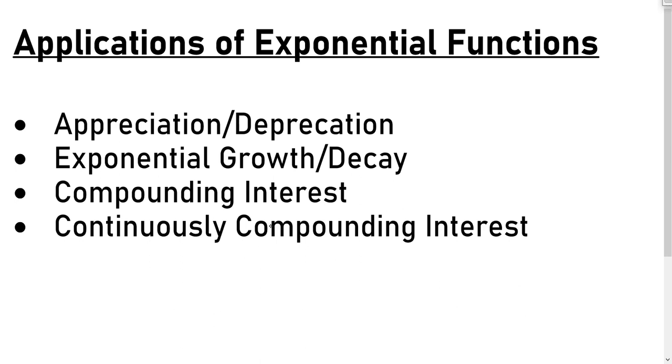what's most important for you guys, compounding interest and continuously compounding interest. Because as you get older and you start making financial decisions, we're talking about things as complicated as buying a house, to leasing a car, to buying furniture and putting it on a payment plan. All of this stuff is going to be incredibly useful.